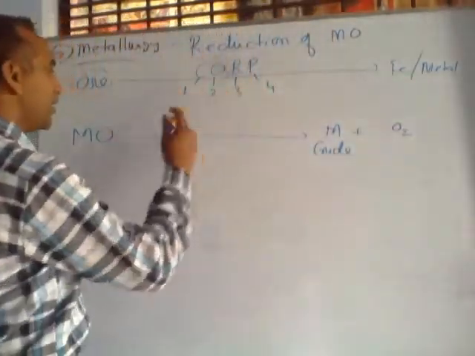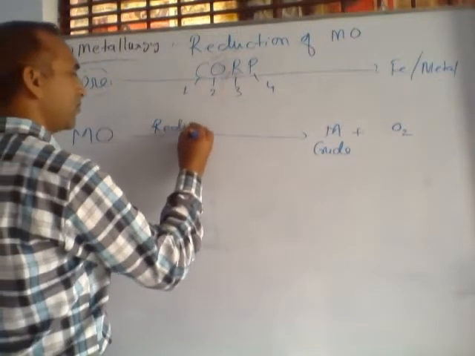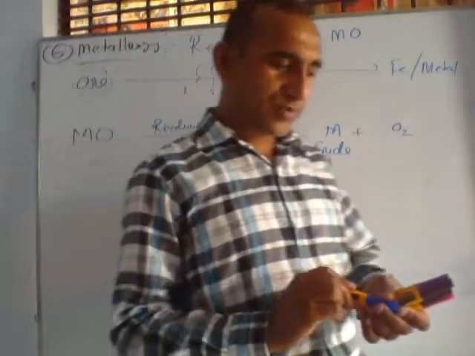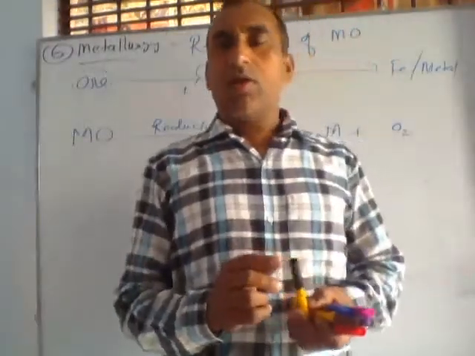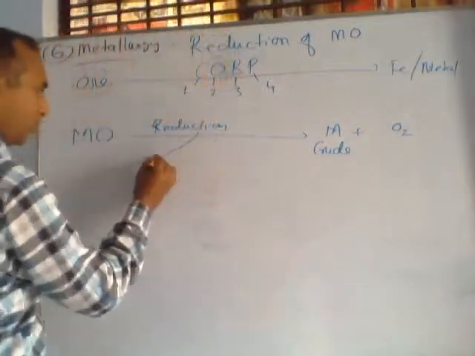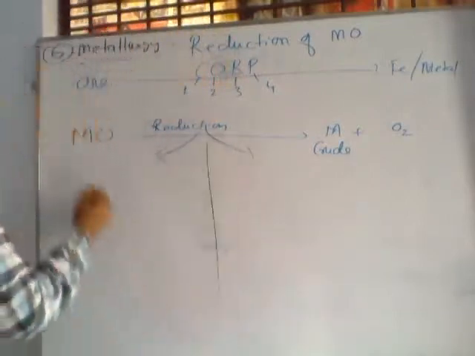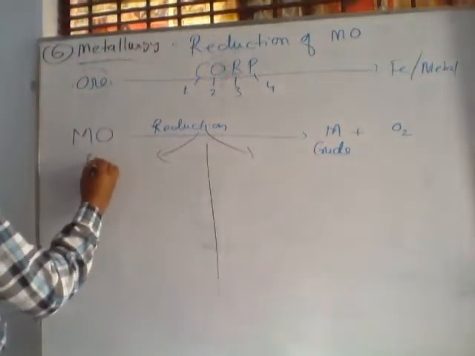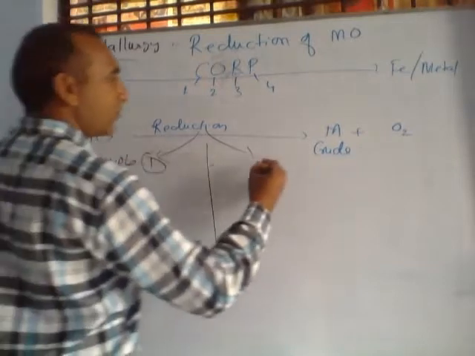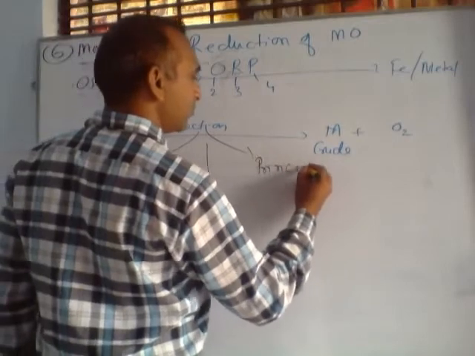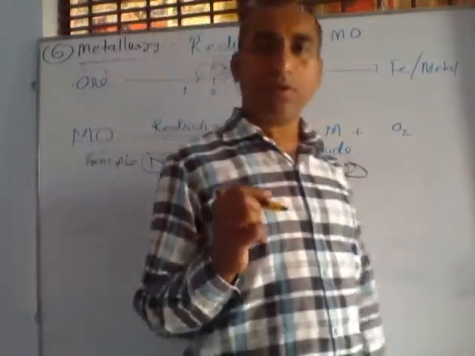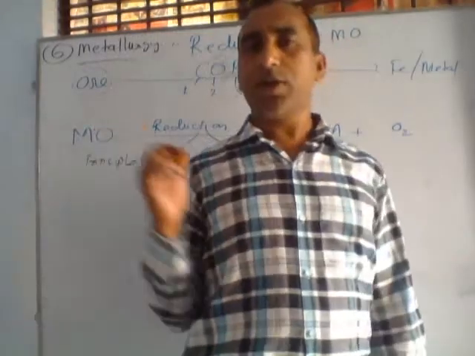This process is called reduction, and in the reduction process there are two principles involved. Principle 1 and principle 2. What is the first principle involved in the reduction process?